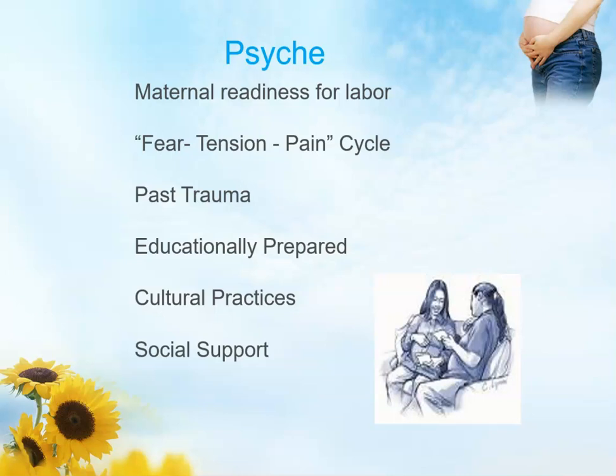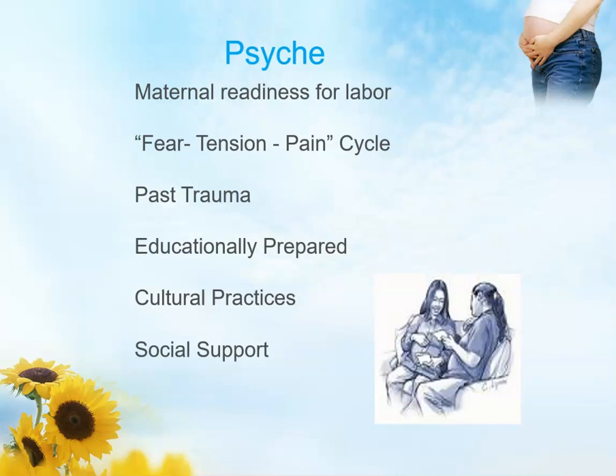The psyche. All right, that is my fourth P, and that's maternal readiness for labor. Is she ready? Does she have any fear or tension? Because she knows she's going to have some pain.